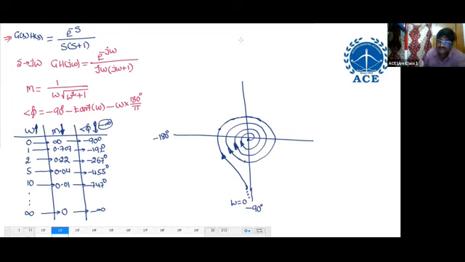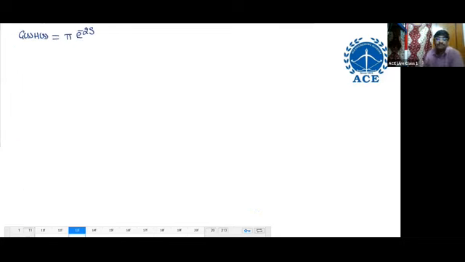Okay. Next. Do this problem: pi into e power minus 2s. What is the answer? Come on, do it. So the magnitude, s replaced by j omega. So GH of j omega equal to pi into e power minus 2j omega.